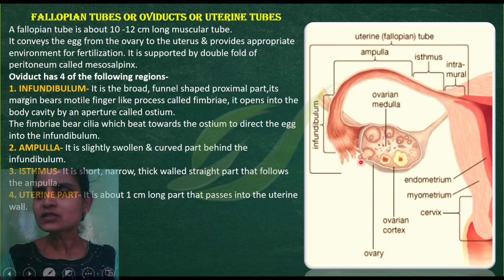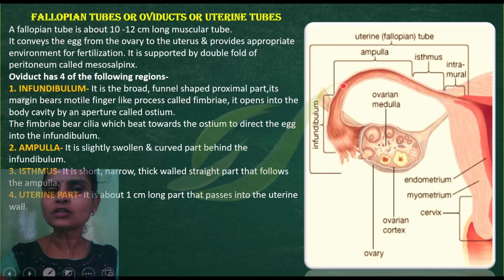As the ovum is released, it will be taken up by the fallopian tube. This fallopian tube will traverse the ovum. At this region we can find that fertilization takes place.